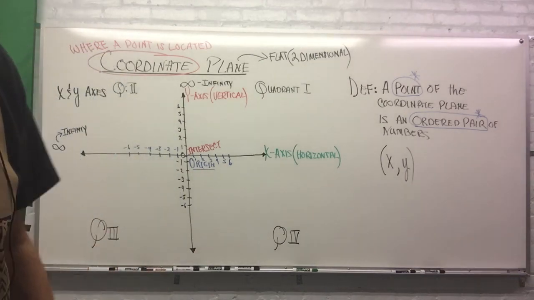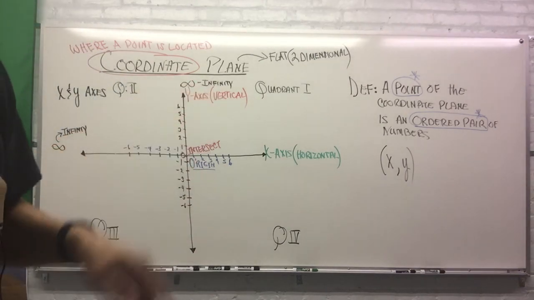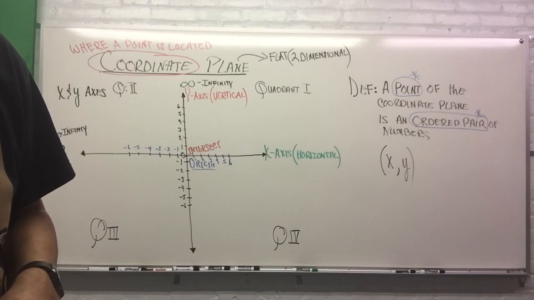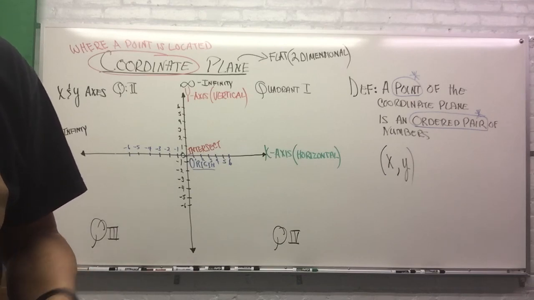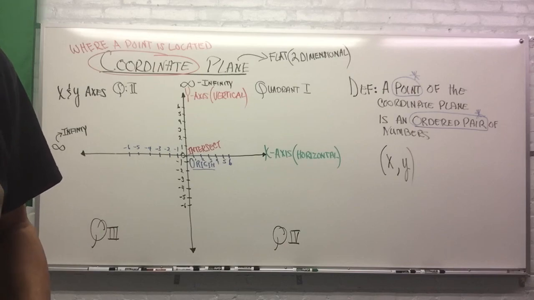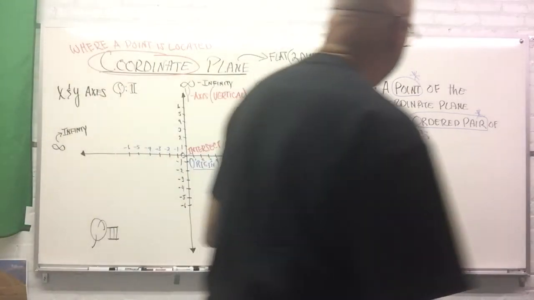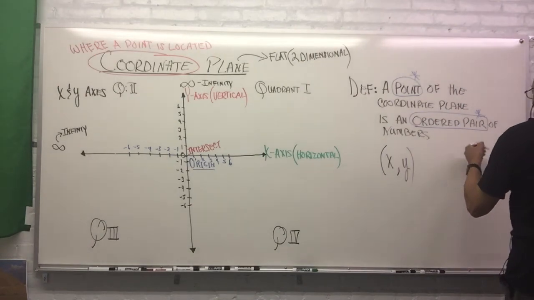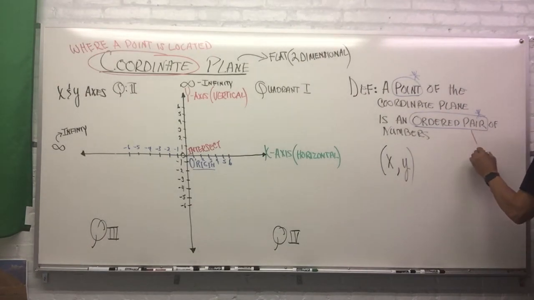So now, the word ordered pair. Ordered means in a specific arrangement. That's what we need to understand. Ordered means a specific arrangement. Pair means two, like you have a pair of eyes, a pair of shoes, a pair of glasses, a pair of gloves.